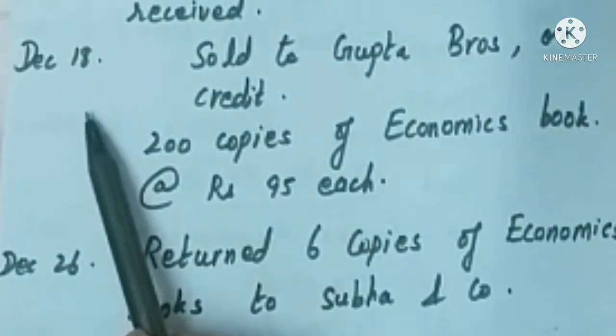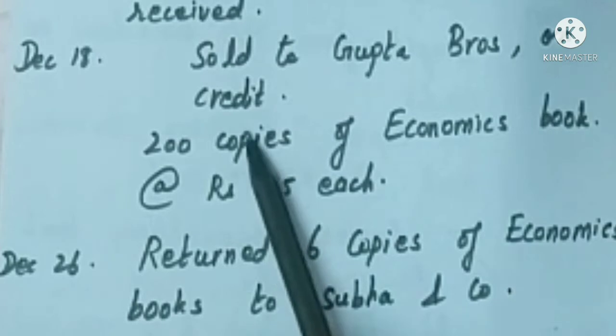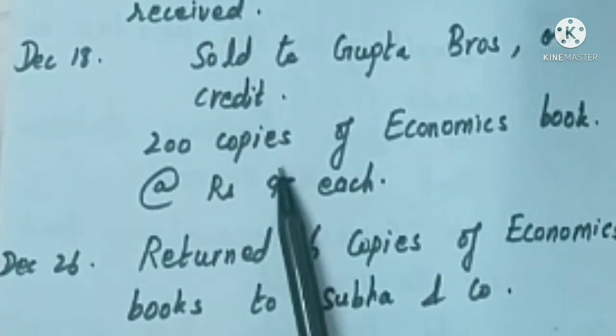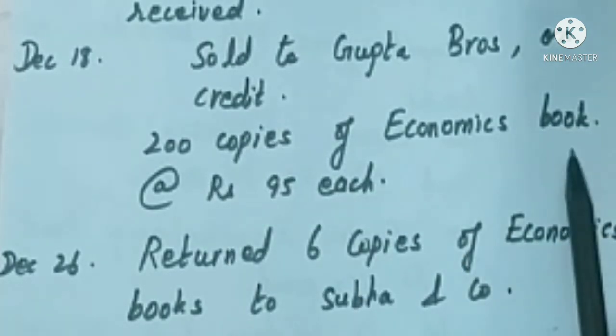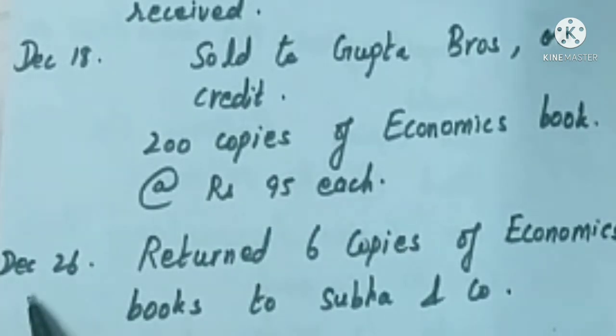December 18, sold to Gupta on credit 200 copies of economics book at rupees 95 each. December 26, returned 6 copies of economics books to Subha and Company.